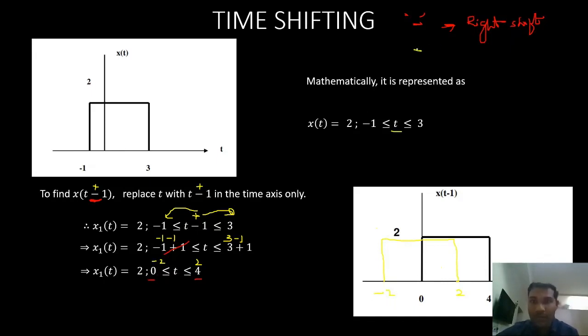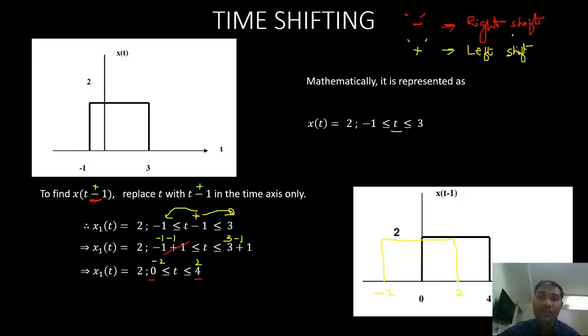So when we have a plus sign, what does it indicate? This signal here, which starts from minus 1, is now starting at minus 2. So it indicates a left shift. A minus sign indicates right shift, plus sign indicates left shift.